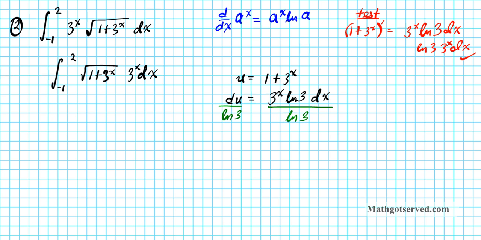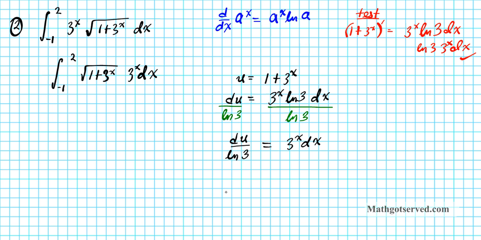So we're going to have du over the natural logarithm of 3 equals 3 to the x dx. So we know how we're going to substitute this innermost function with a u. We know how we're going to substitute this with du over ln 3. Is that all we need to care about?